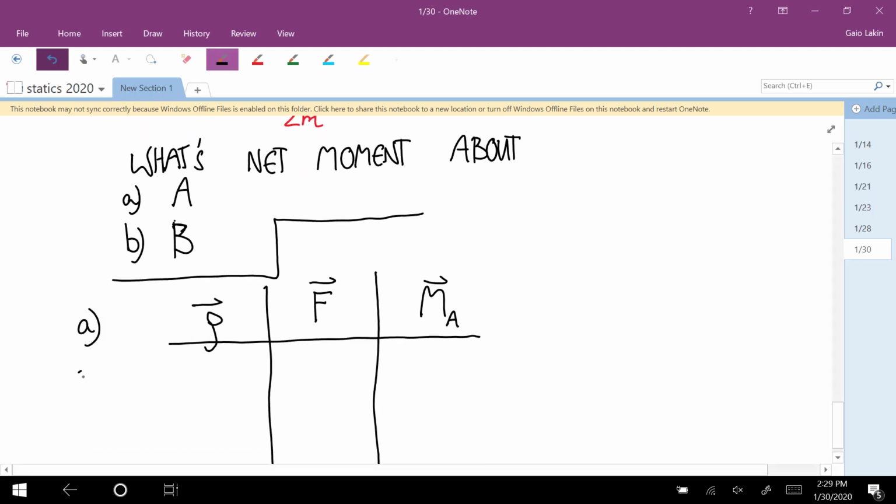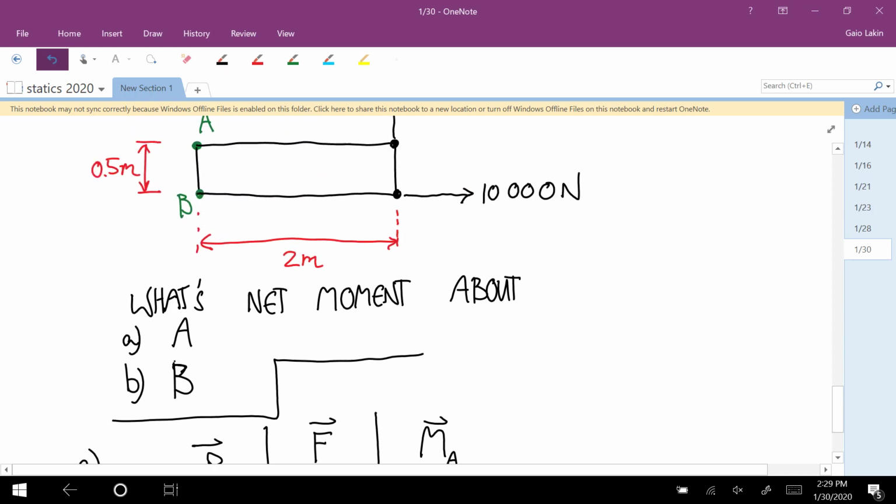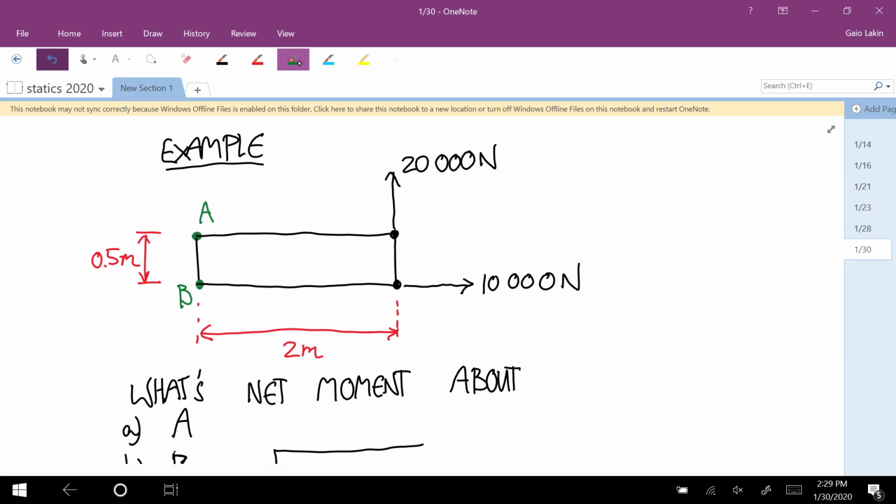So first I'll do the 20,000. And I'm using the usual coordinate system. Okay, so if our about point is A, what's the vector from the about point to the point where the 20,000 Newton force is applied? So from A to where that 20,000.